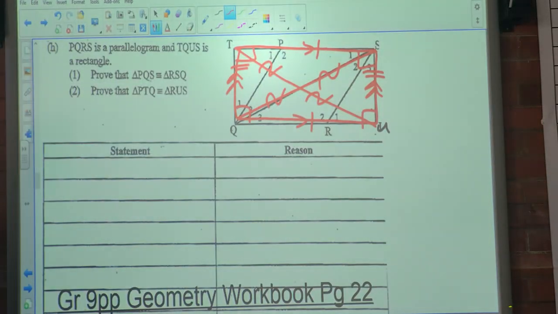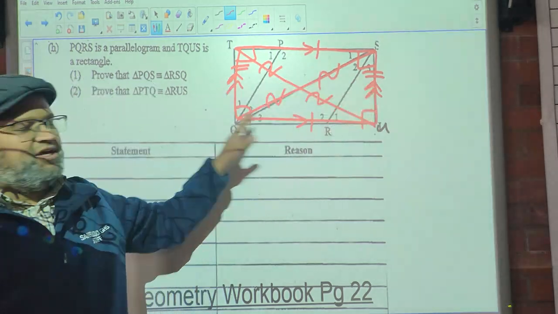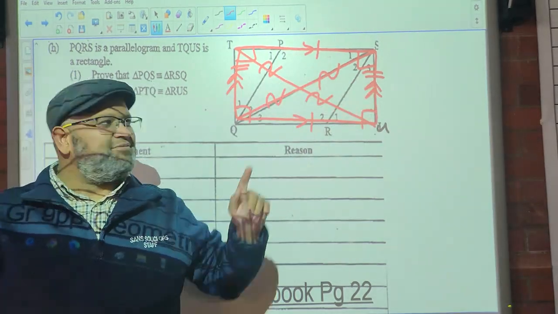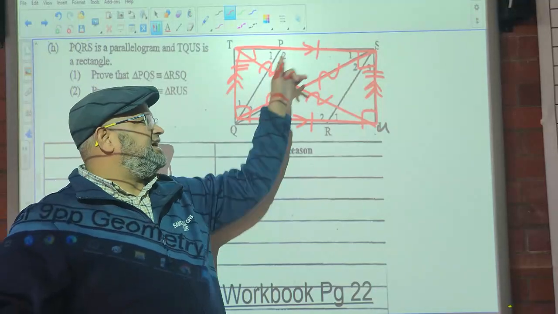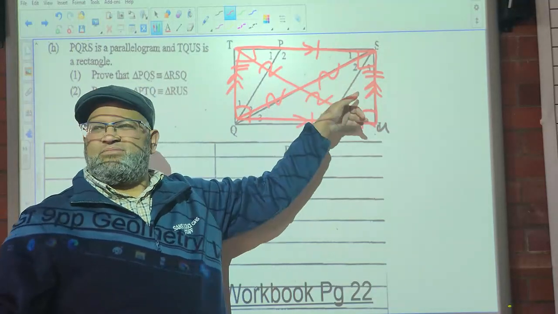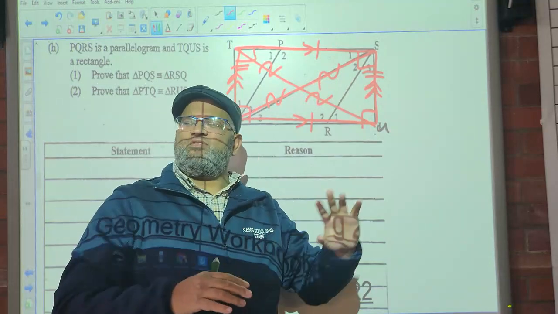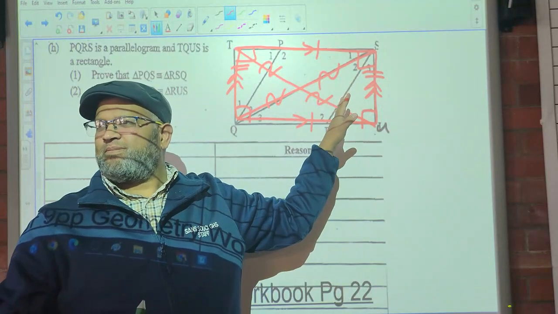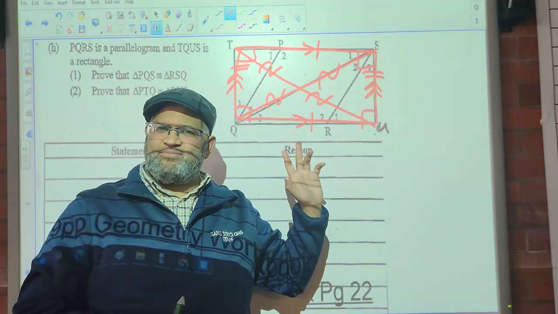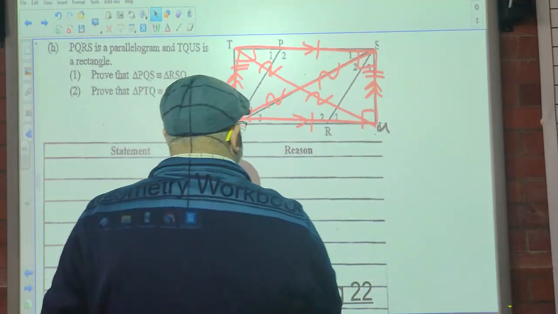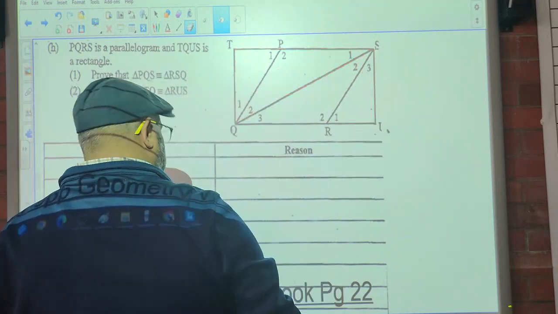So when they tell you something's a rectangle, all those properties are evident. If they tell you something's a rhombus, or in this case a parallelogram, then all 4 properties of a parallelogram are evident. They don't have to write all of those things on the diagram.